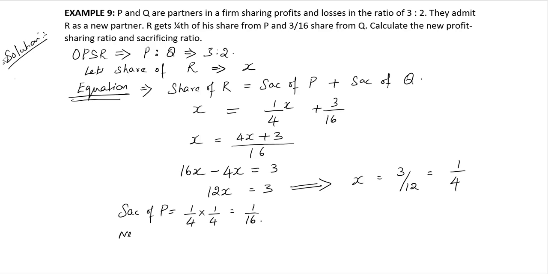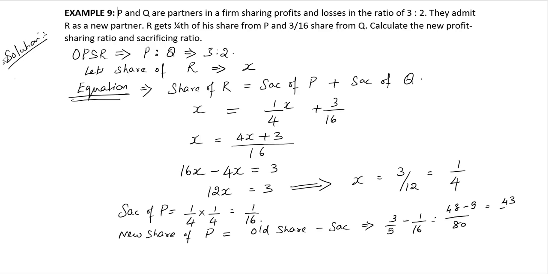To get the new share of P, we'll apply old share minus the sacrifice. Old share is 3/5 minus the sacrifice 1/16, which is 43 divided by 80.